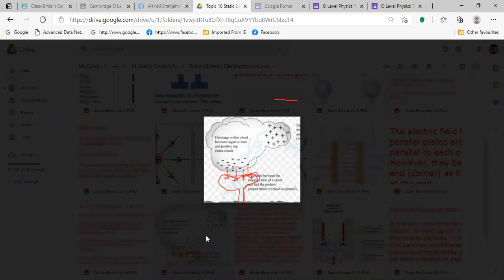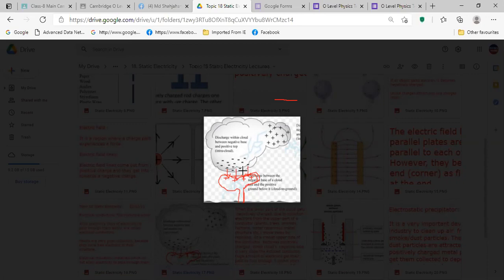Here you see the cloud. When they are getting any conductors close to them, these charges try to travel through that path.